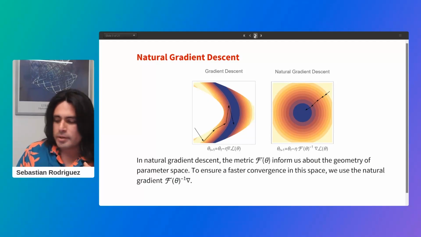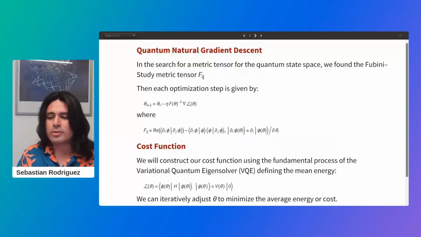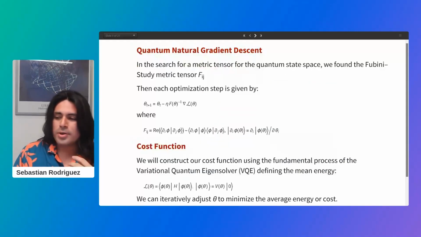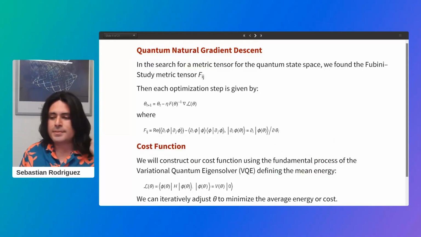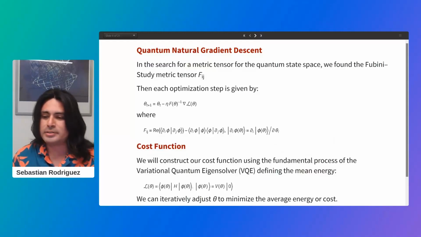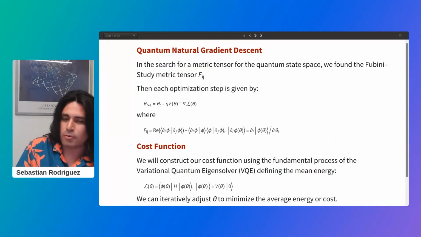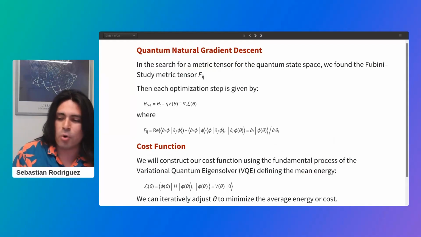So what happens when we have a quantum optimization problem? When using a quantum variational algorithm, we will face a similar problem. In this case, the parameter space is defined in the space of quantum states. The metric we are looking for is called the Fubini-Study metric tensor.